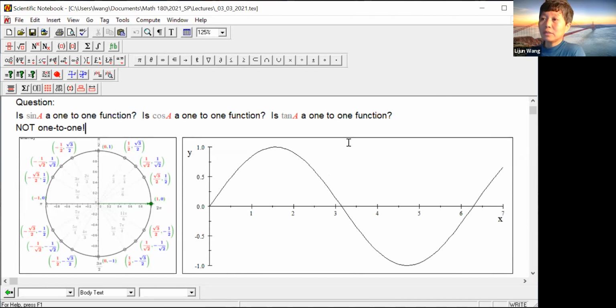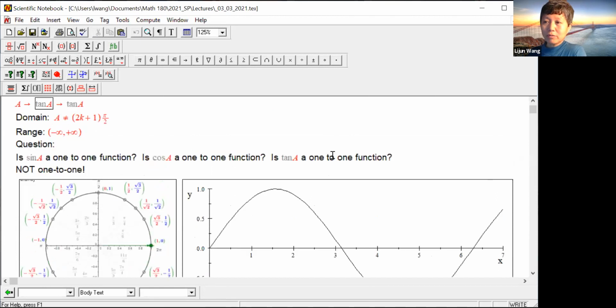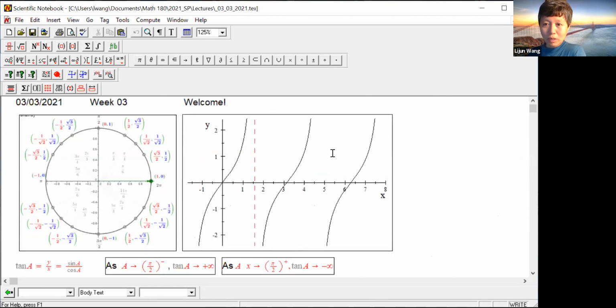In fact, sine, cosine, tangent, you could say, do they have inverse? I said, no, they don't. But where did we get a sine inverse, cosine inverse? What's going on? Right? What's going on? Is it don't exist?